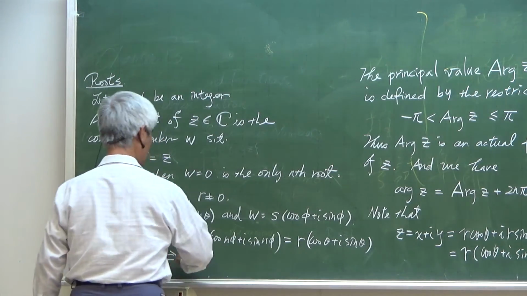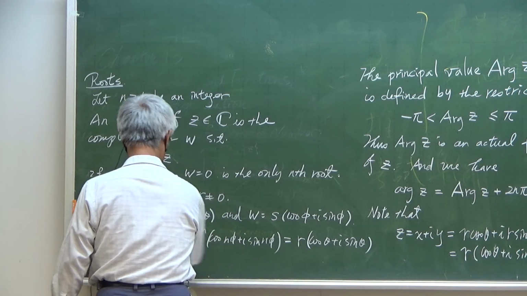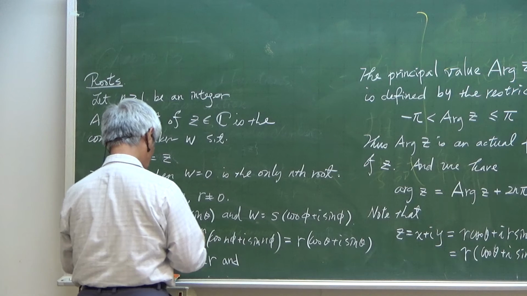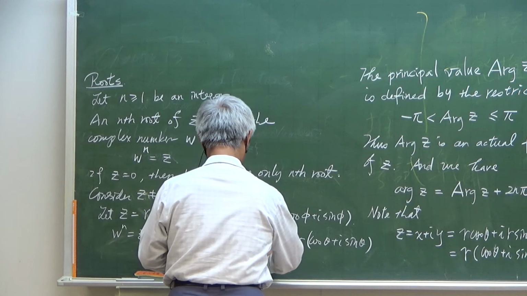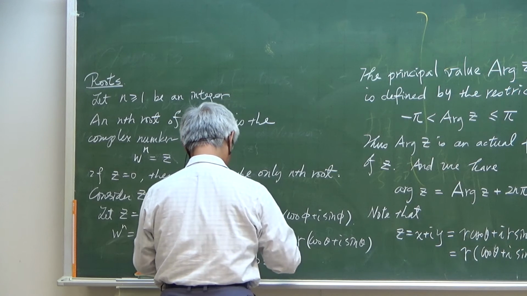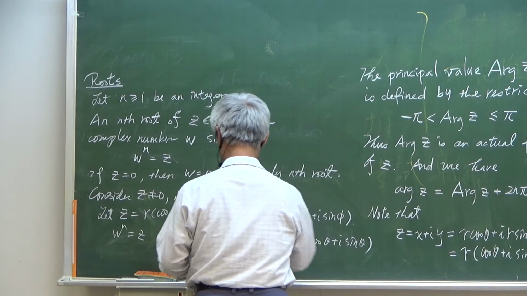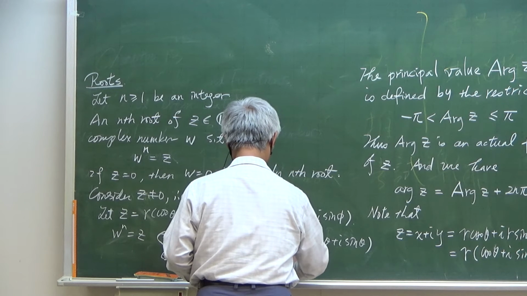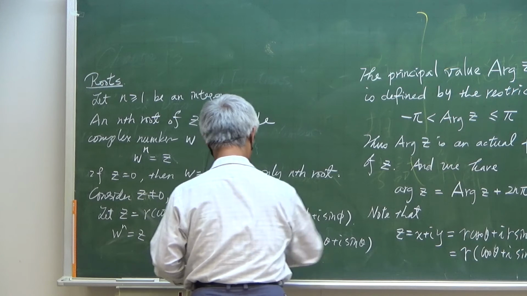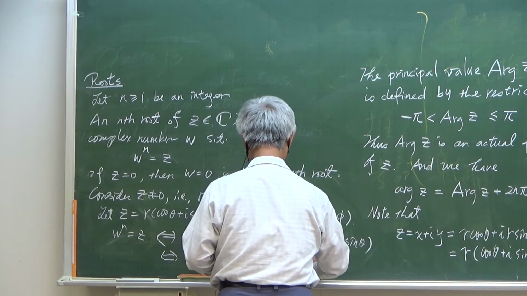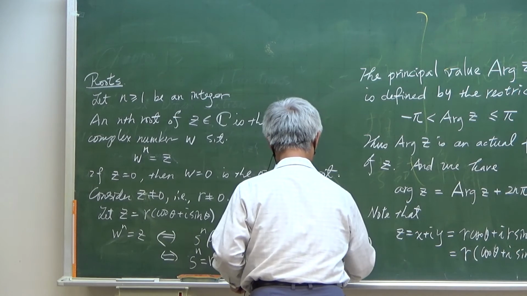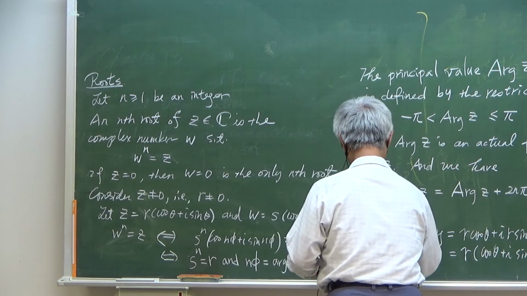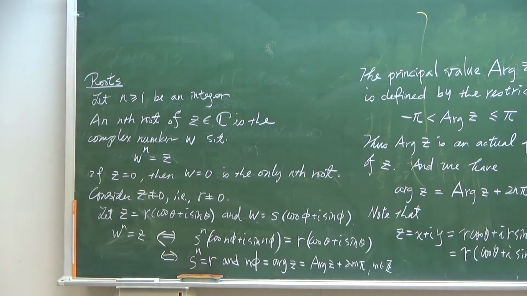So that means the necessary condition is that s to the nth power is equal to r, and n phi is equal to Arg z plus 2 m pi, with m an integer.